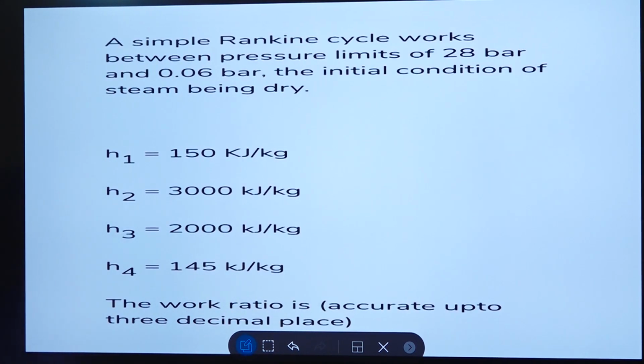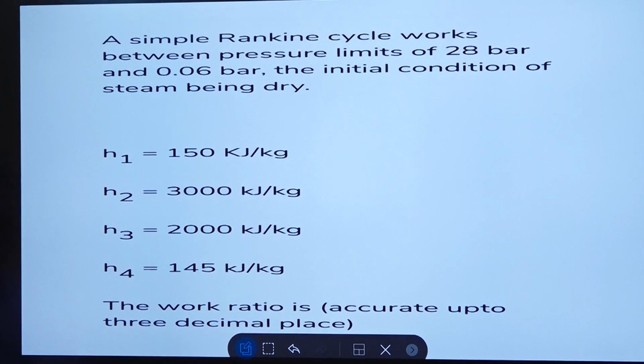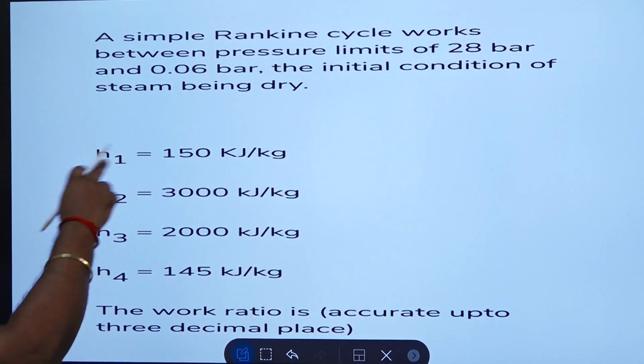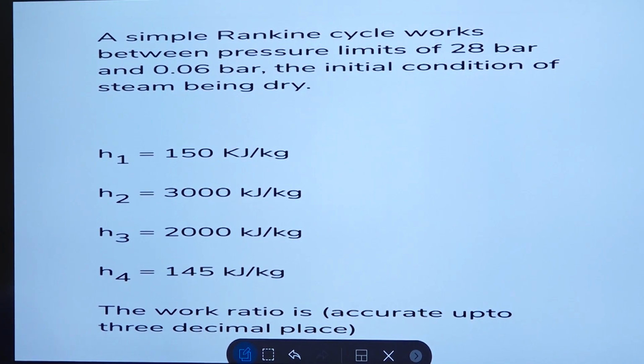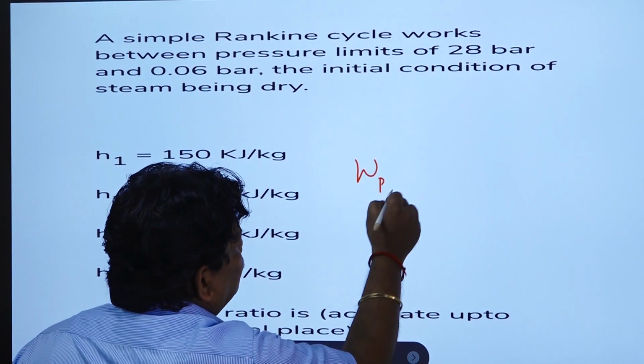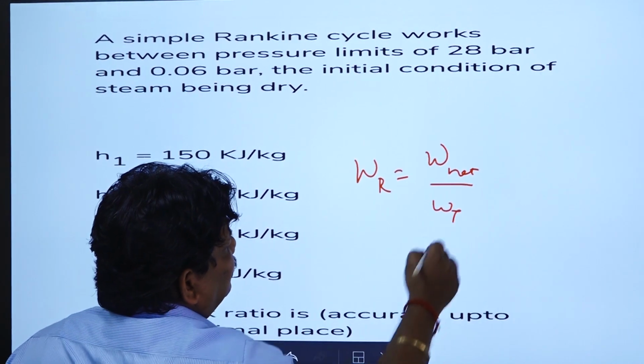The next question: a simple Rankine cycle works between the pressure limits of 28 bar and 0.06 bar, the initial condition of the steam being dry. What is the work ratio? Work ratio is the ratio between the net work and the turbine work.